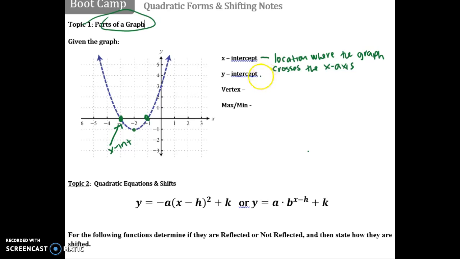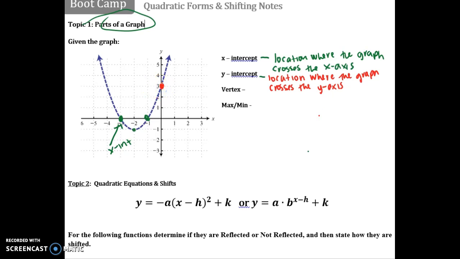The y-intercept is a location where the graph crosses the y-axis. Which is this point right here.